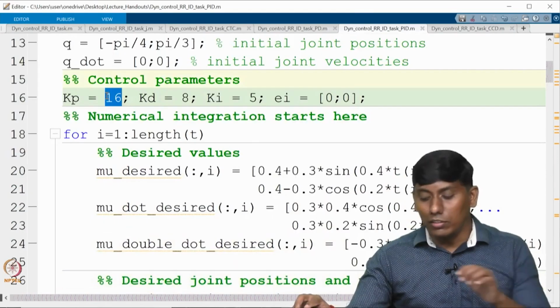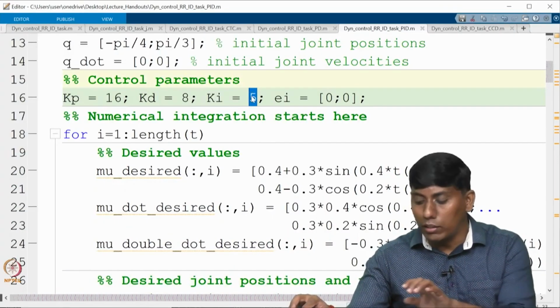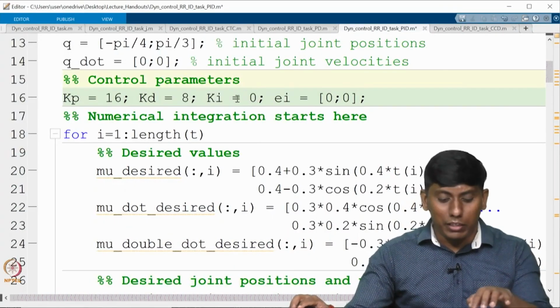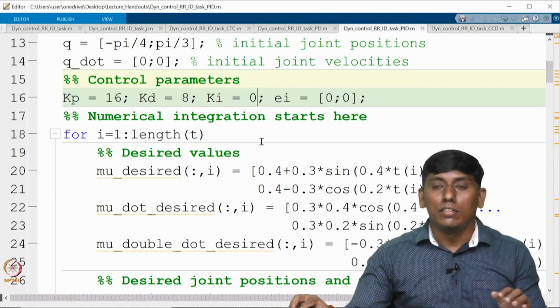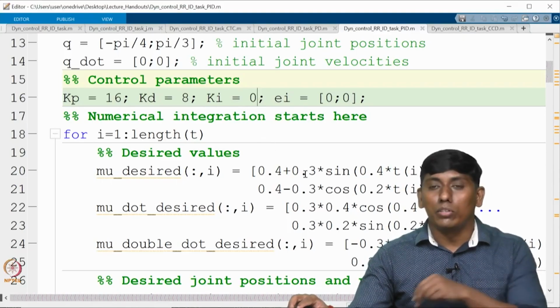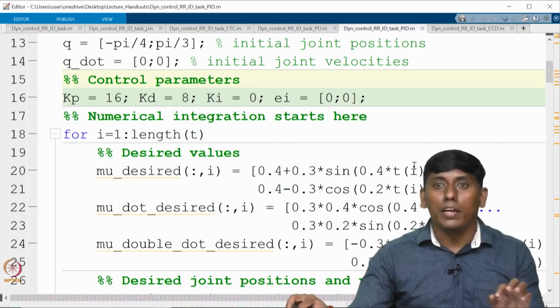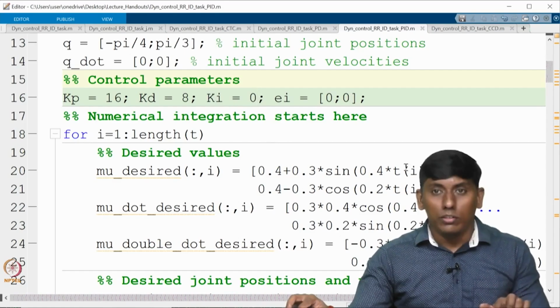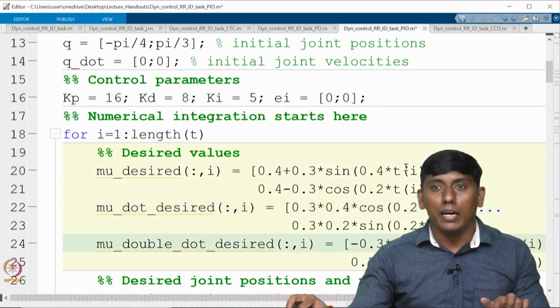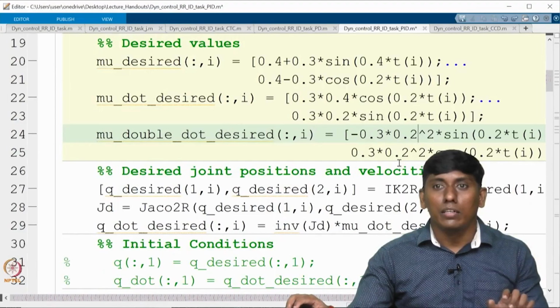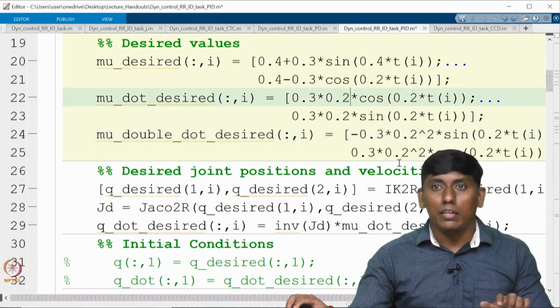So I am just giving it a PD control, to see whether this performance works or not. It does not, because it is very fast and not able to follow. So I am just bringing it back.